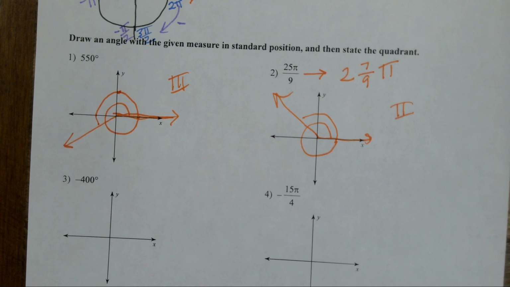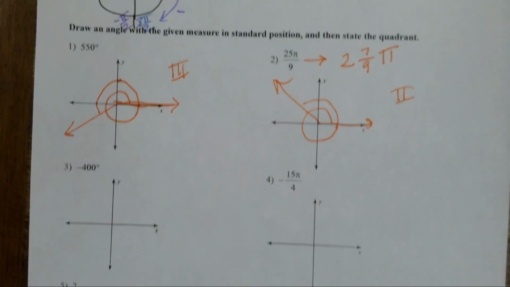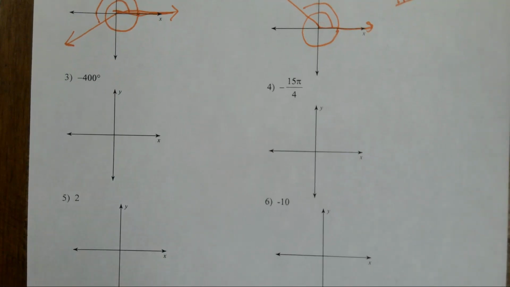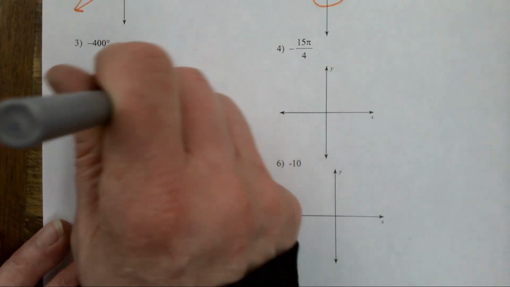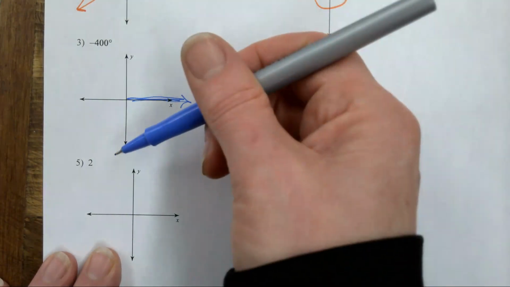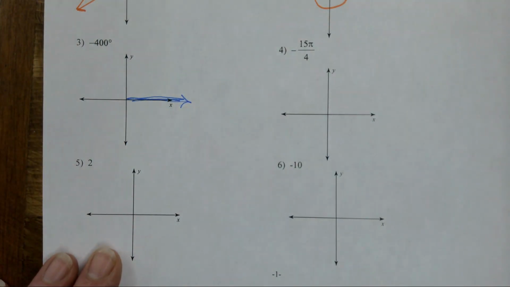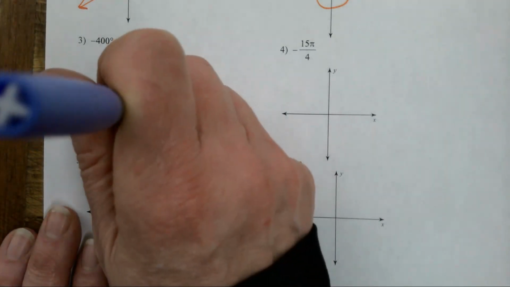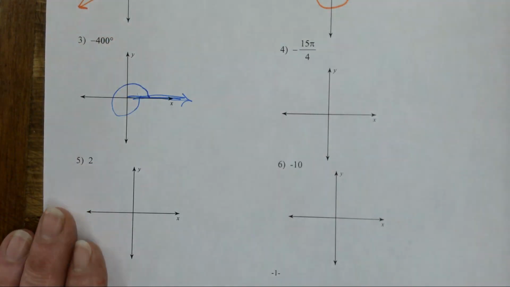Remember I talked about negative. Negative just means backwards. How do we translate backwards when we draw a picture? We still start in the same position. I just move clockwise instead of counterclockwise. So I want to move backwards 400. Well, backwards 1 lap is 360.